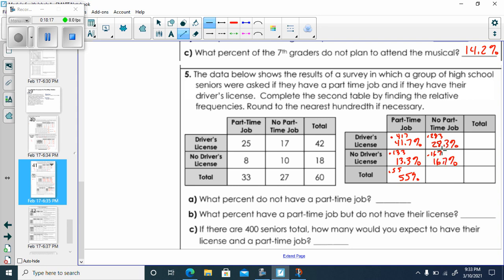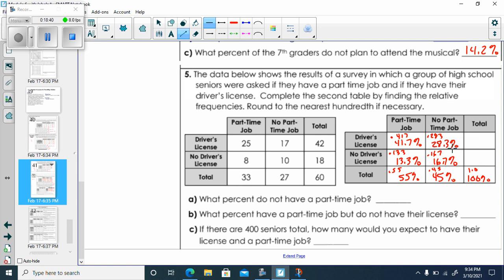If I add those together, 28.3 plus 16.7, I get 45%. Well, now, does that make sense? Okay. Yes, it does. 45 plus 55 would give me 100% or 1.0 relative frequency.